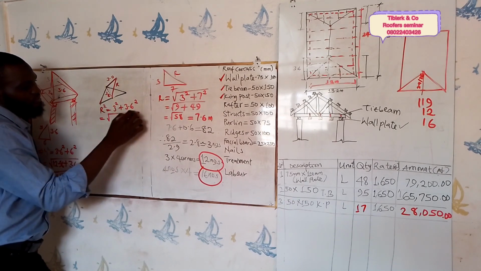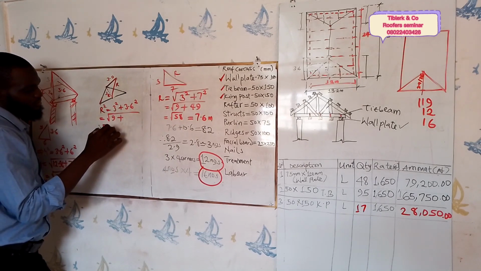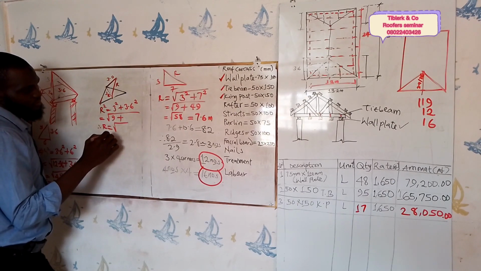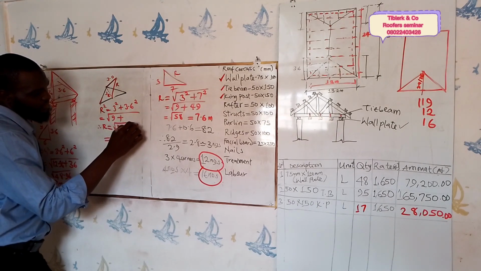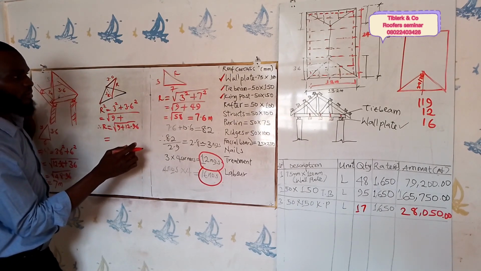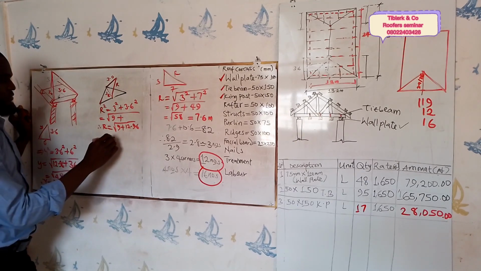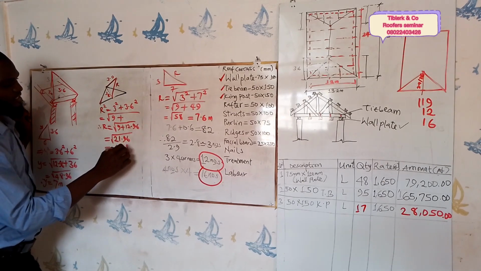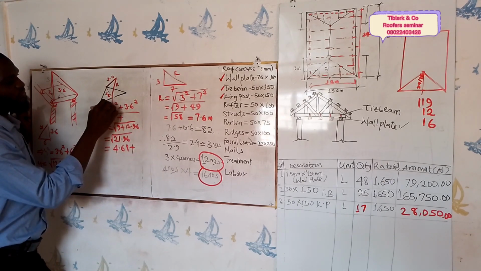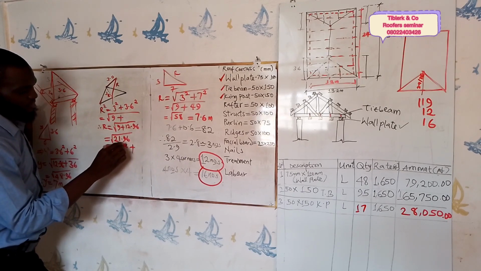Now we will root 9 plus 3.6 squared, which is 12.96. 9 plus 12.96 is 21.96. The square root of it is 4.6868. We can say 4.69.